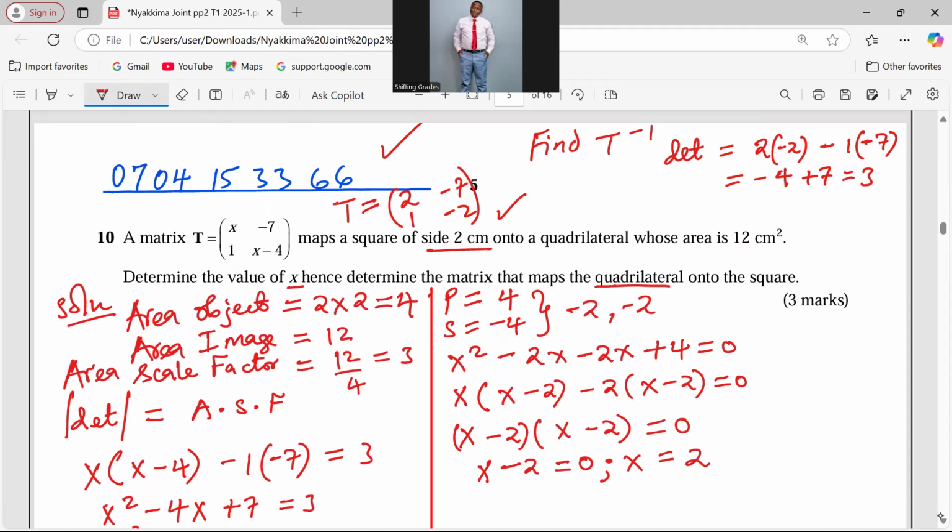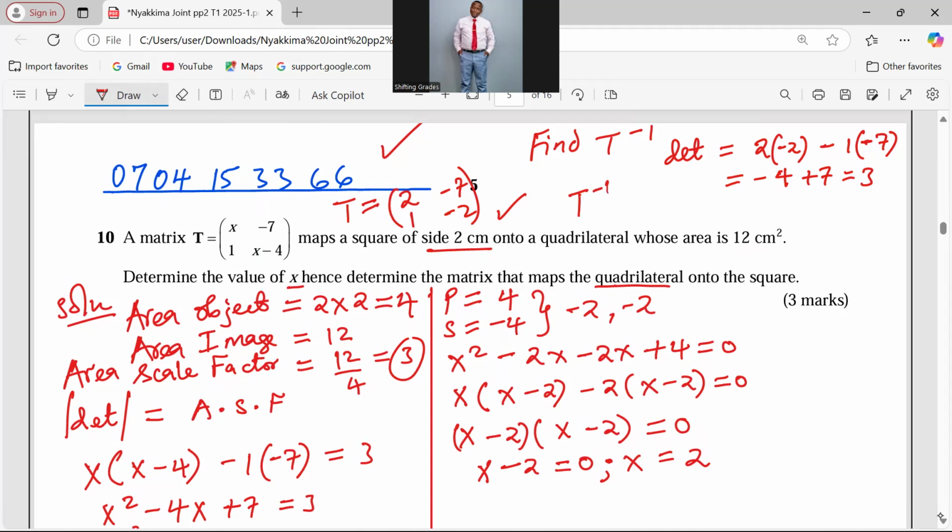Actually, we didn't even have to calculate the determinant, because it is supposed to be equivalent to the area scale factor, which was already calculated, but we have confirmed that it is 3.